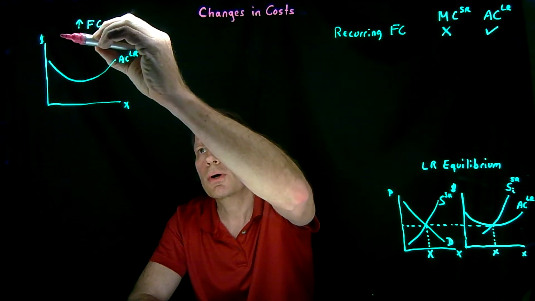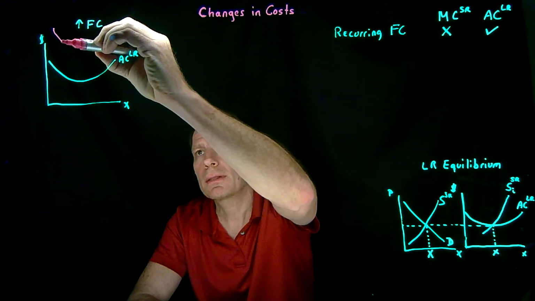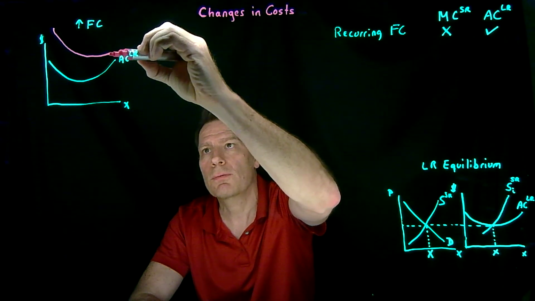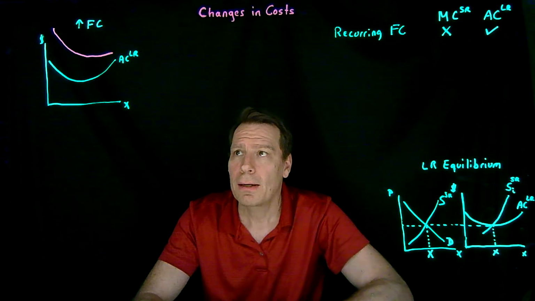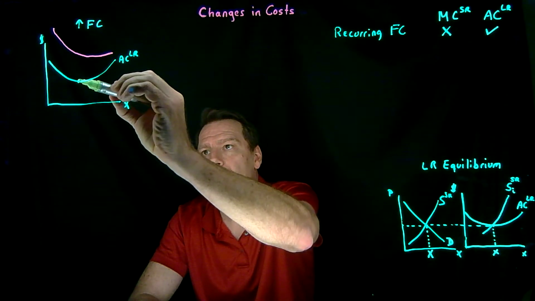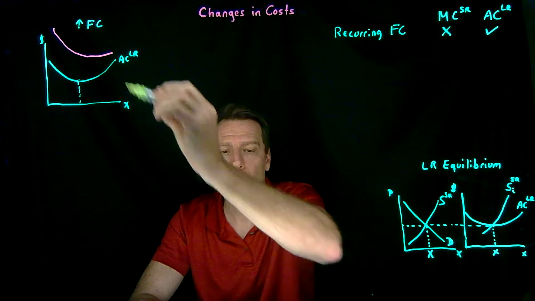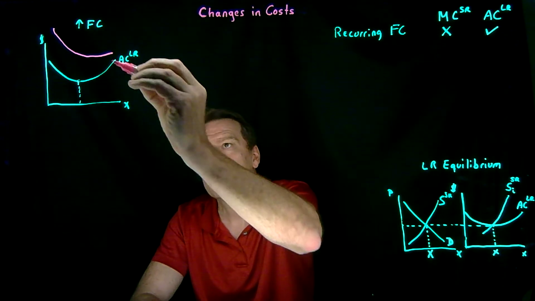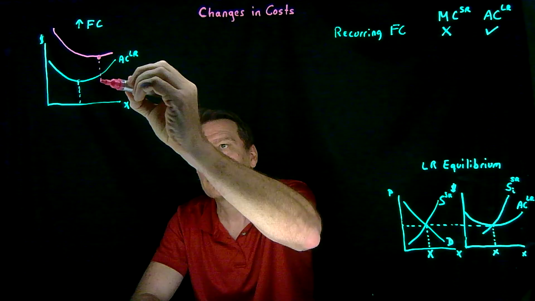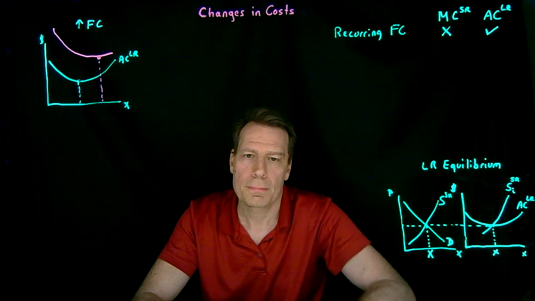So we'll get a new long-run average cost curve that's going to converge to the original one as we produce more, which means that that lowest point of the long-run average cost curve is going to go up because we've seen an increase in the recurring fixed cost, but it's also going to shift to the right.